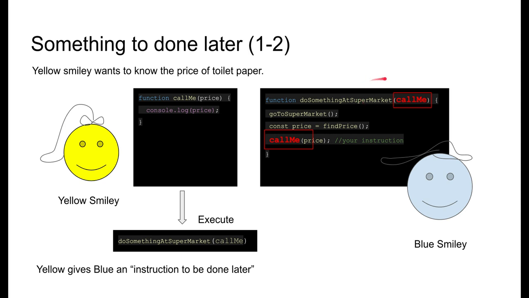It's being passed through the parameter and it is being invoked later on. Callback function is something that is going to be passed as a parameter and will be invoked later in time in some instruction or function. In this case, after Blue Smiley finds the toilet paper price.